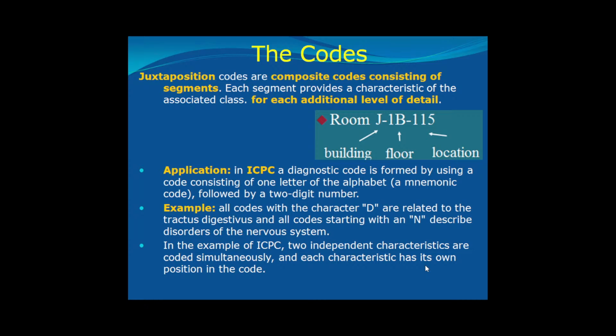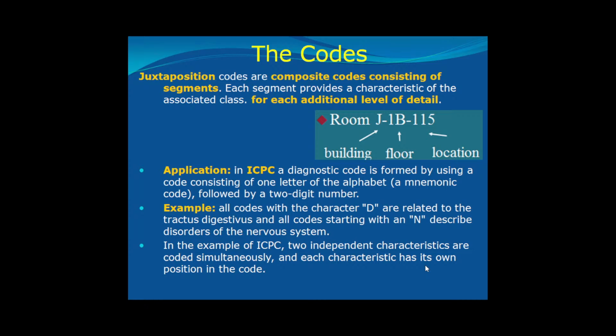Juxtaposition codes are composite codes consisting of segments. Each segment provides a characteristic of the associated class for each additional level of detail. At this slide, you see an example of juxtaposition codes.